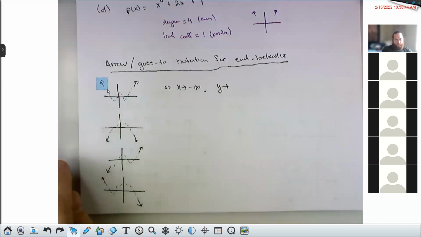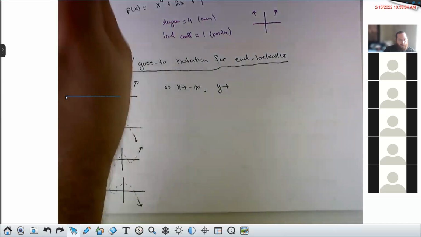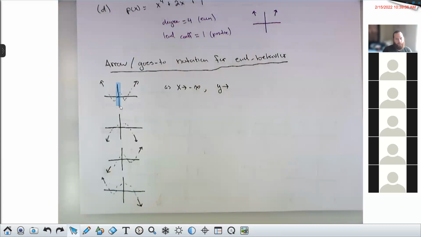Since this arrow on the left is pointing up, as x goes further and further and further to the left, the y values go further and further and further up. Right? Remember, the arrow indicates it goes on like that forever. So as x goes to negative infinity, the graph is going way up here. And on your y-axis, way up here is going towards positive infinity.